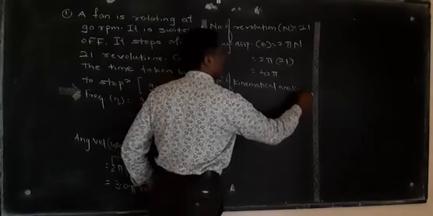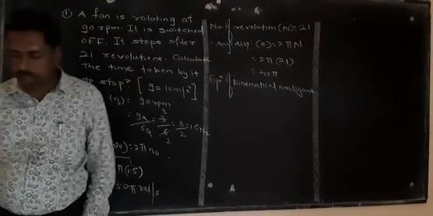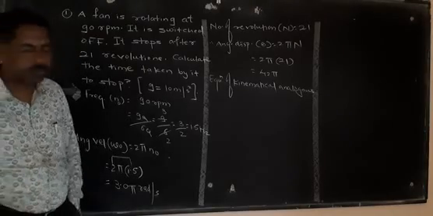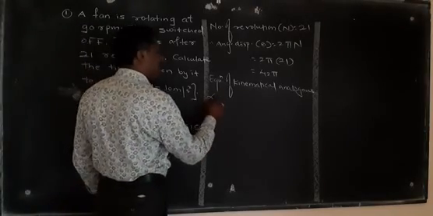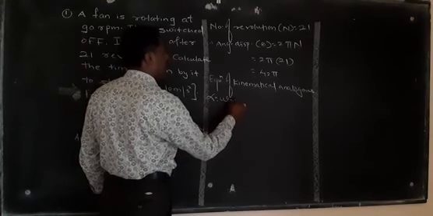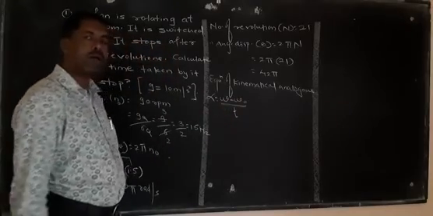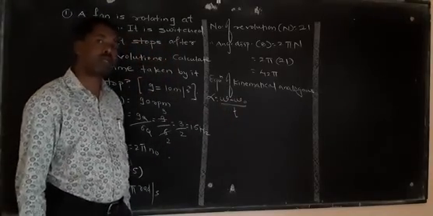Okay. Now by using equations of kinematical analogous, we can write alpha is equal to omega minus omega 0 upon t. What is alpha? It is called as angular acceleration.